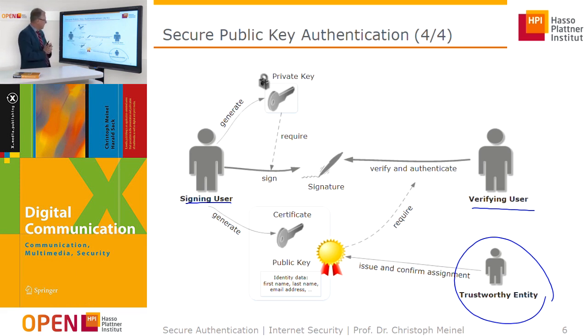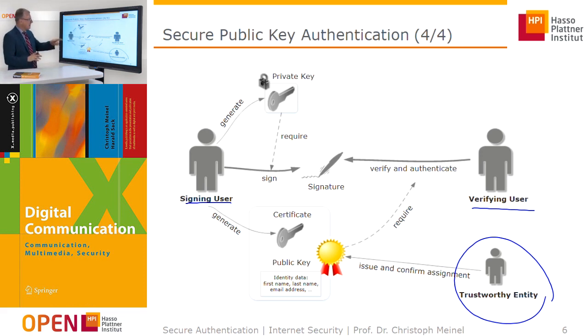In the beginning, our user needs a certificate. In order to get a certificate, the user asks the third party, the trustworthy entity. The trustworthy entity checks the name of the user and his identity data. There are different ways, for example, that the user is required to show his identity card, or there are other mechanisms.